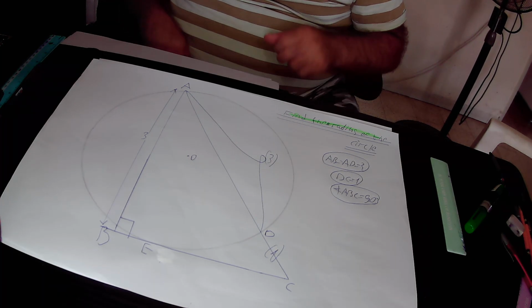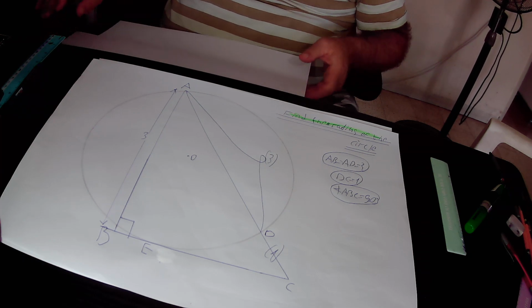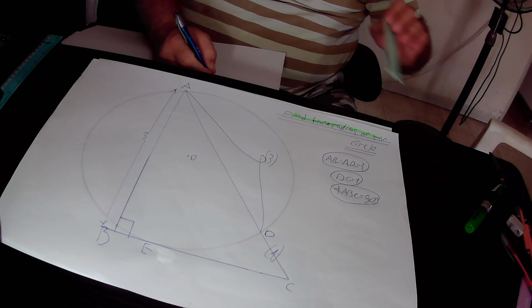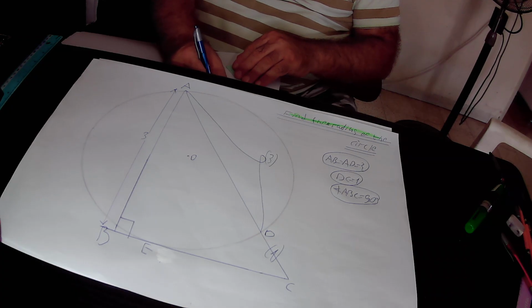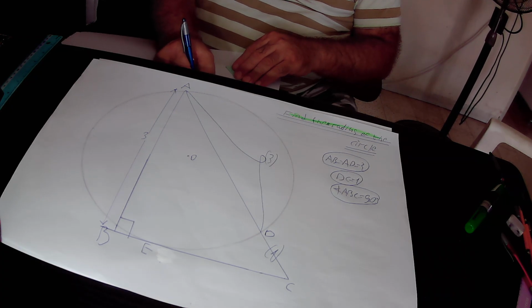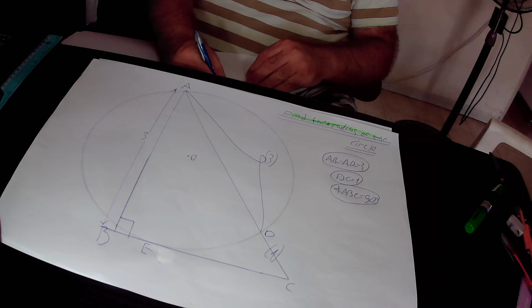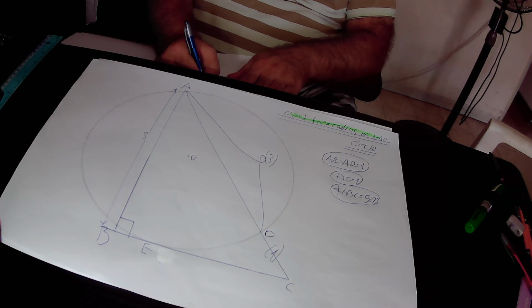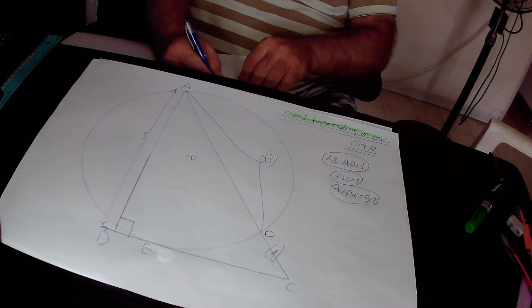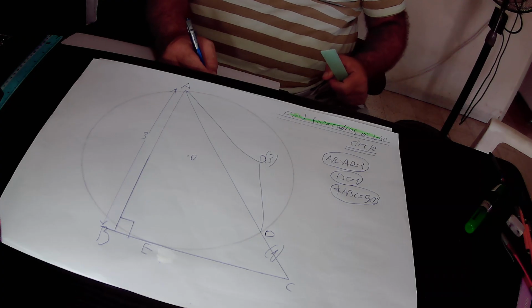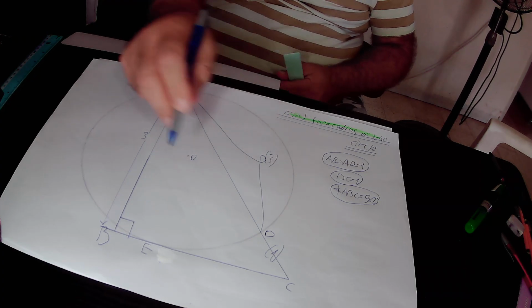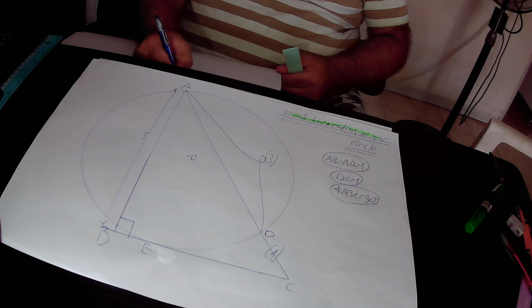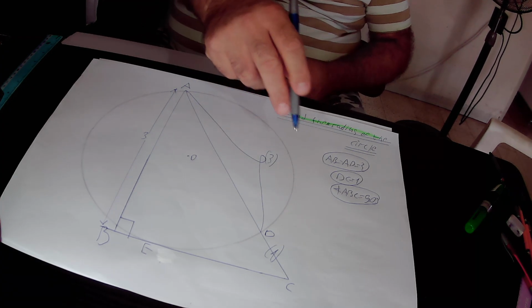So I write it down. If we focus on the common start point C, the following equation will be true: CE squared equals CD times CA.